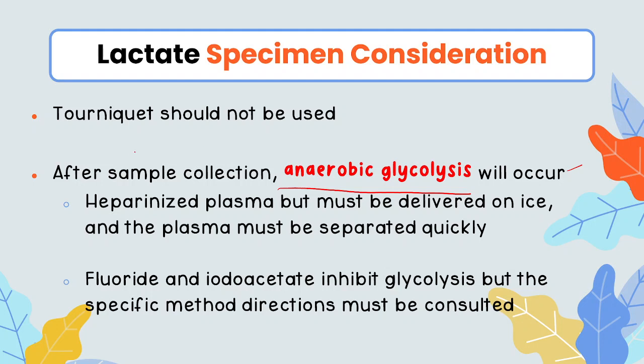Thus, make use of heparinized plasma, and it must be delivered on ice, and your plasma must be separated quickly, because since glycolysis is still ongoing, you would expect an increase in your lactate the longer it stays and the longer it is not processed.